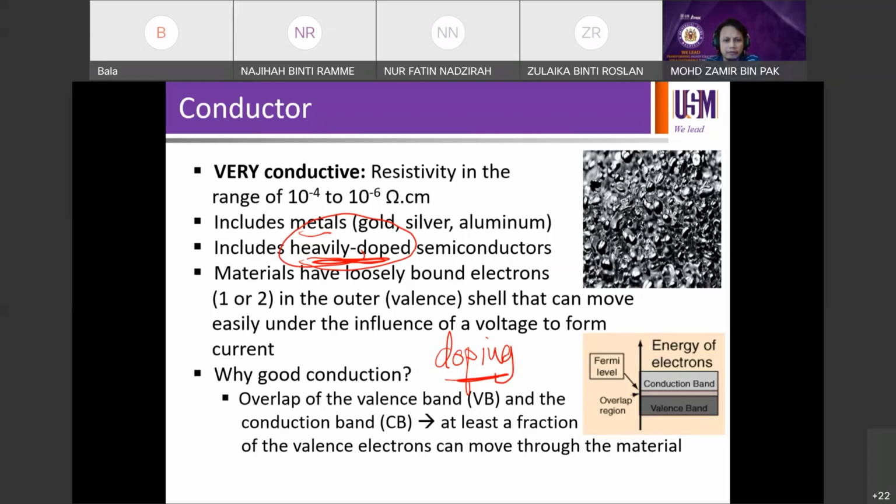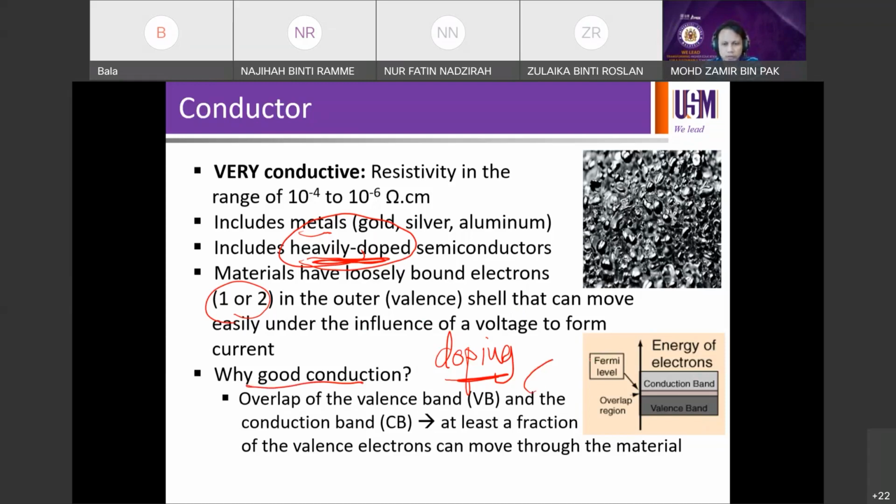So these materials have loosely bound electrons, 1 or 2 in the outer shell, that can move easily under the influence of voltage to form current. So when you have just 1 or 2 electrons in the outer shell, they are relatively easier to move because they are loosely bound to the center, right? So then they can move around and conduct electricity. So why good conduction?